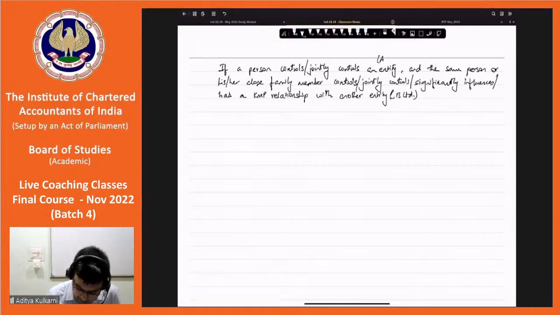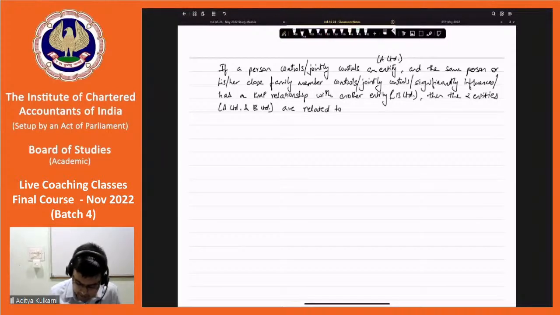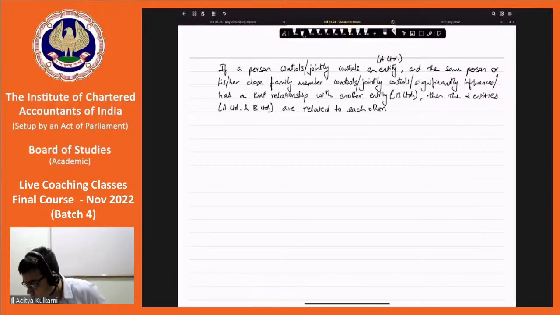In our example, this was A Limited. Then the two entities, into bracket A Limited and B Limited in our example, are related to each other. Okay.